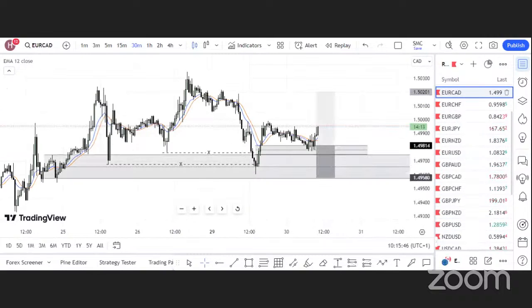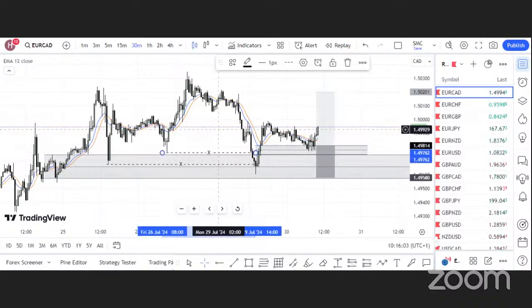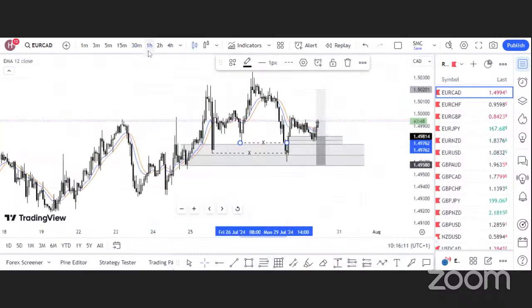So I have this analysis since yesterday evening, and unfortunately, I didn't have a buy limit order set. I didn't set a buy limit order, but the market came down.